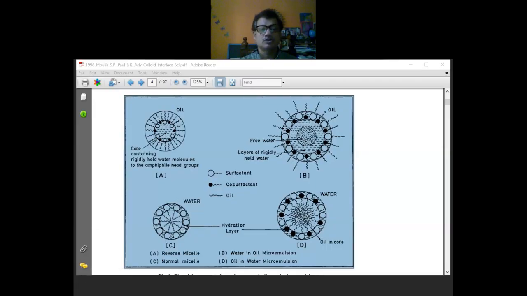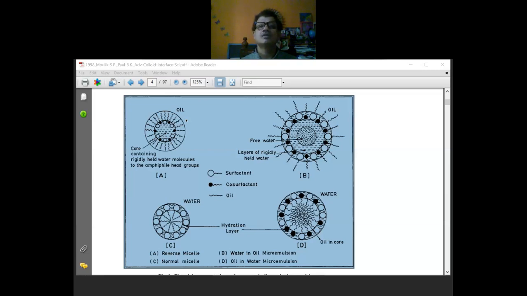solvents. If the solvent is water, as you see on your left hand side, they form sphere-like entities called micelles. Or if the solvent is oil, then a reverse micelle is formed where the hydrocarbon chains are oriented outwards towards the oil continuum because the hydrocarbon chains are soluble in oil.